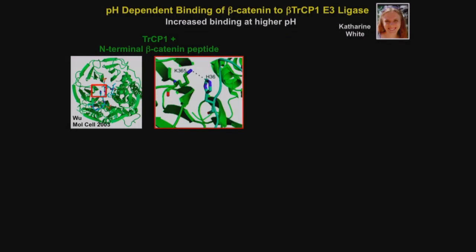And although it wasn't mentioned in this paper, one thing that caught our eye, because we're always looking at histidines, is that a histidine residue, histidine 36 in beta-catenin, is in very close proximity to a lysine in the E3 ligase, with the prediction that when that histidine is protonated at a lower pH, you're going to get electrostatic repulsion. And it needs to be deprotonated at a higher pH possibly to get binding.